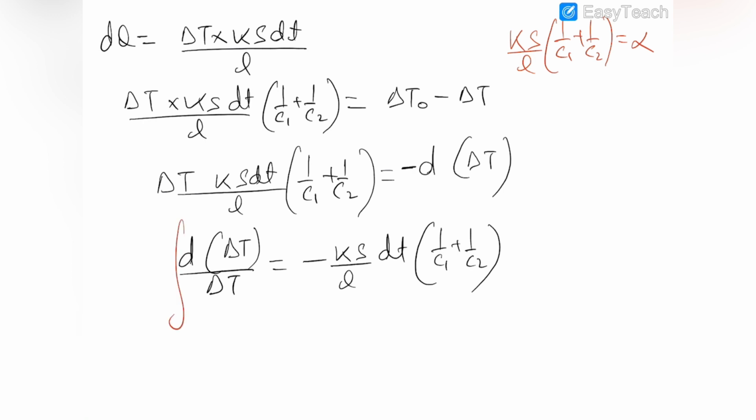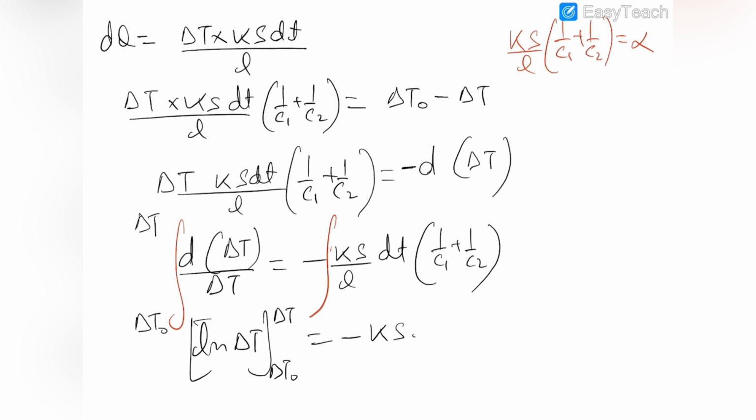So you can see that if we integrate, then it would be ln ΔT, and the limit of ΔT will be, initially it was ΔT naught and finally it is ΔT. So applying this limit ΔT naught to ΔT, and this is minus Kst/L. In fact, I have assumed it as alpha, so this is minus alpha into t.